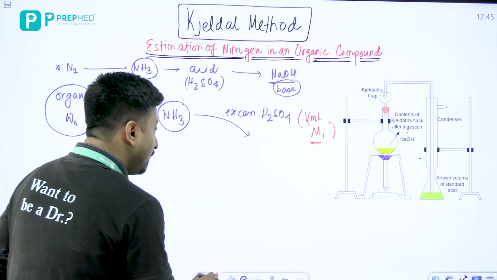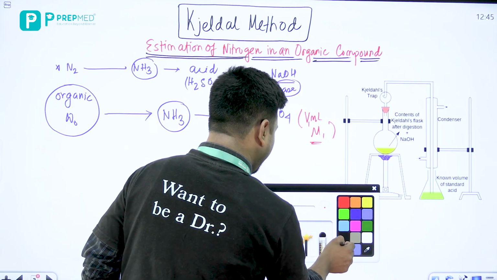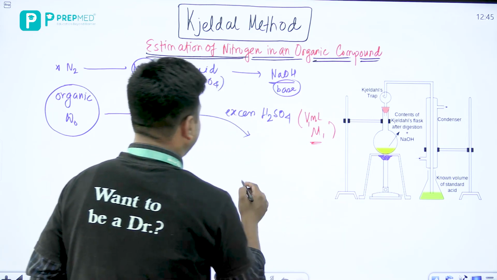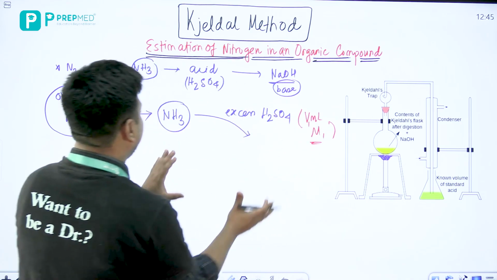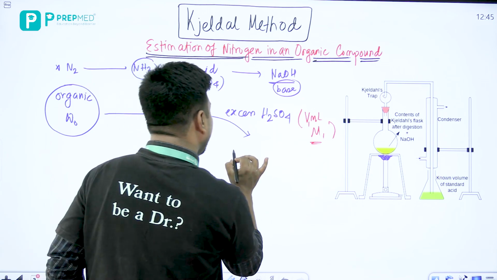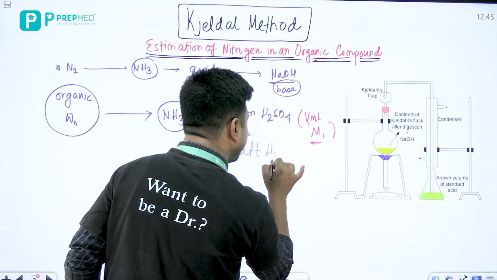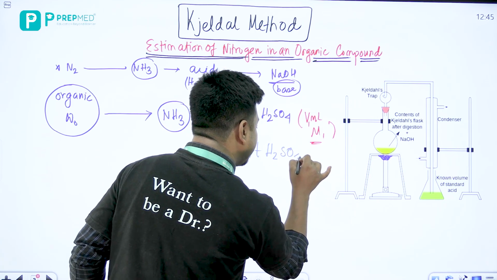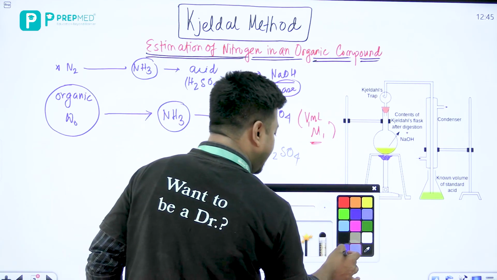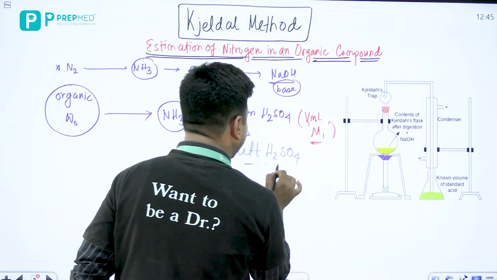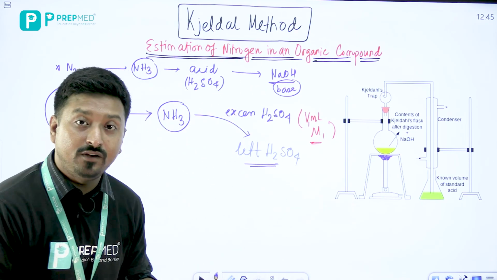Next part: once the excess sulfuric acid reacts with the ammonia, we get how much sulfuric acid is left. Now the question is, how will we know how much sulfuric acid is left?